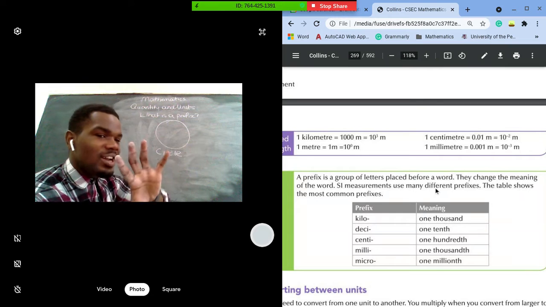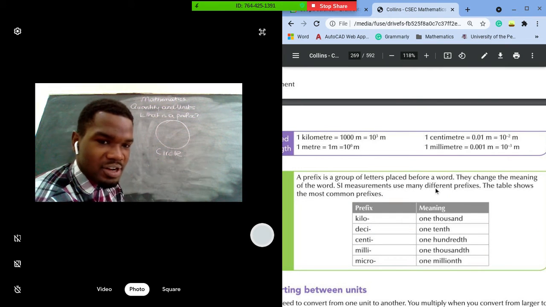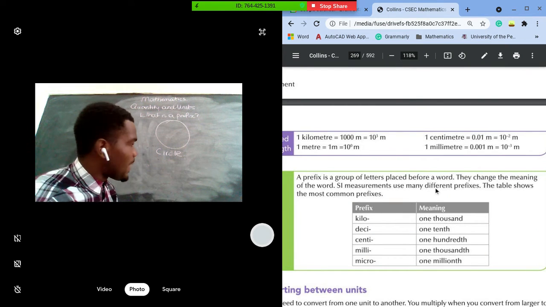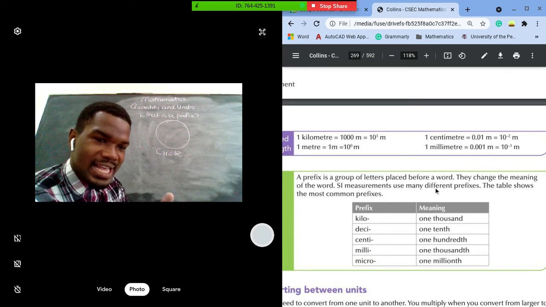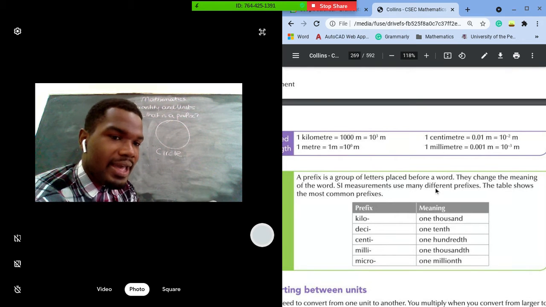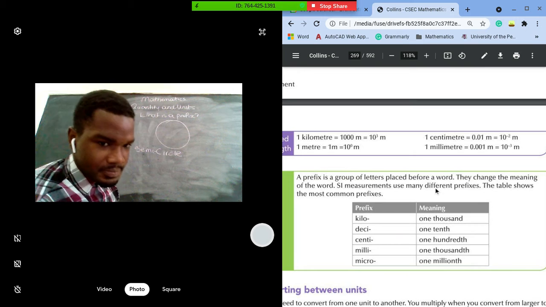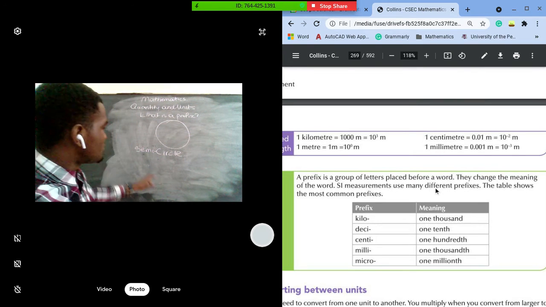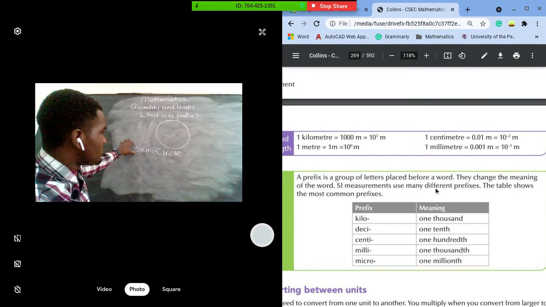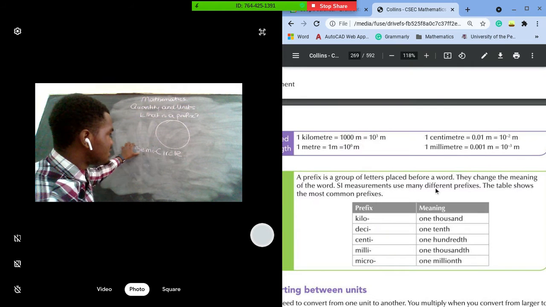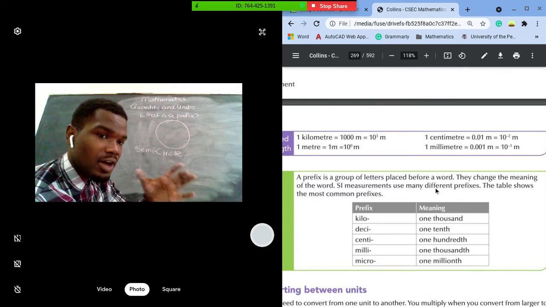C-I-R-C-L-E. We're going to change the definition of circle using a prefix. What if I put S-E-M-I in front of circle? So if you put semi in front of circle, that's half. Right. So the prefix S-E-M-I means half of something.